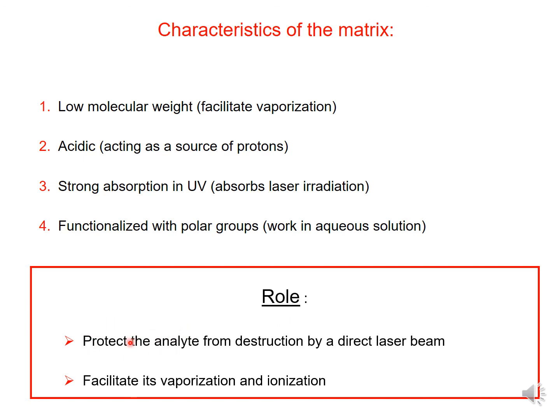First, the ionization of the matrix and the transfer of energy to the sample. And the second role is to facilitate its vaporization and ionization. This is the major role of the matrix, of course, to allow the aim of the source, which is vaporization and ionization.